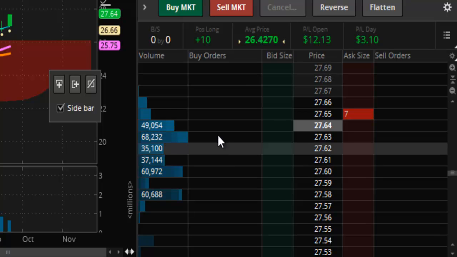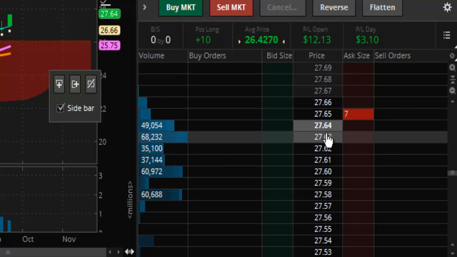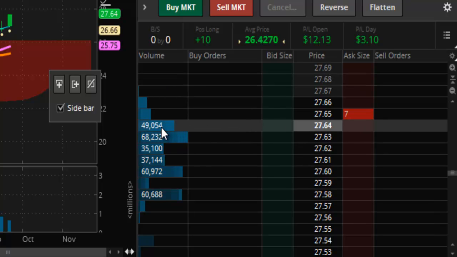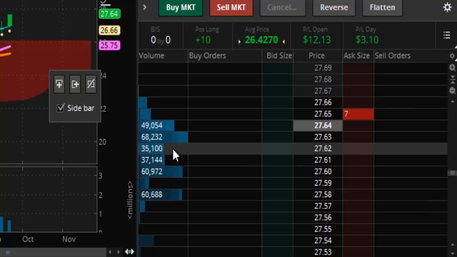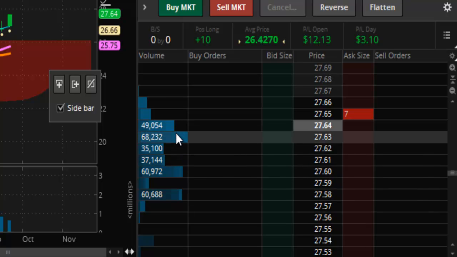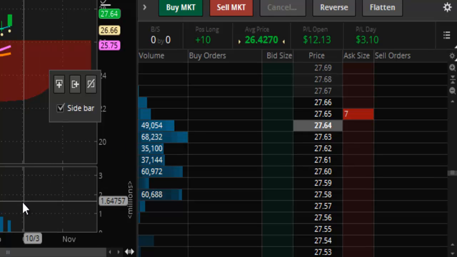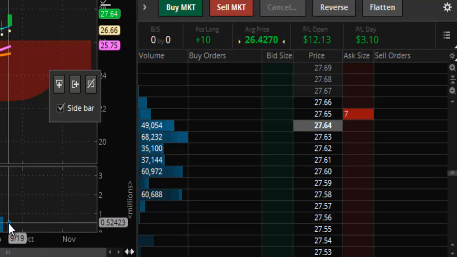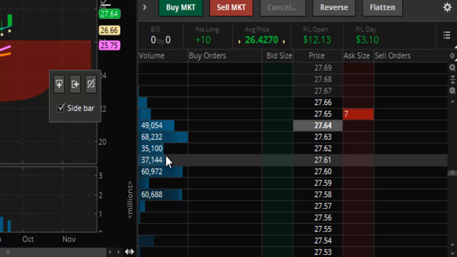So for example, here on this volume at this price, 27.64, you have 49,054 orders there. I do believe the volume is in thousands, because I'm looking at today's volume, and yeah, this is in thousands.